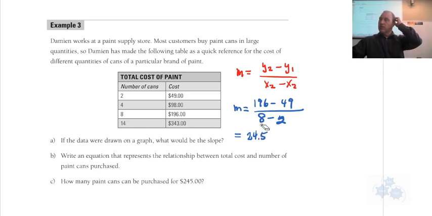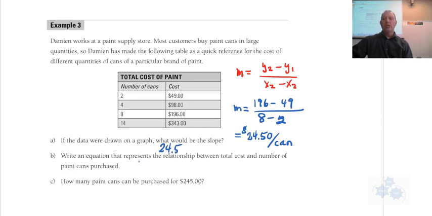Okay, let's look at this. 2 cans cost $49. What does 1 can cost? 24.50. That's what the slope means. $24.50 per can. So the slope is 24.5.